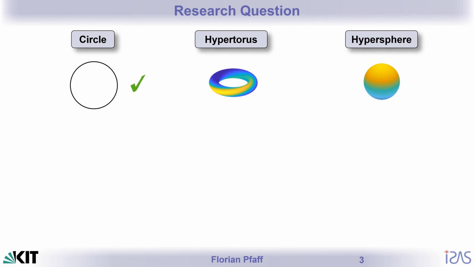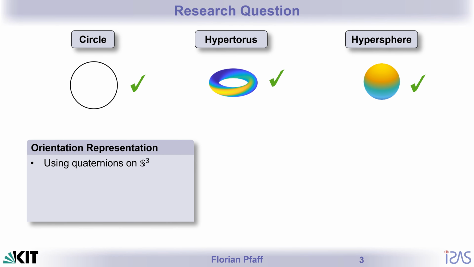For the circle, we've presented filters that are very good, and also for the hypertorus, which may be slow for high dimensions, but they work, and also for the hypersphere. Then quaternions lie on S3, so actually you can already use them with some filters for the hypersphere.